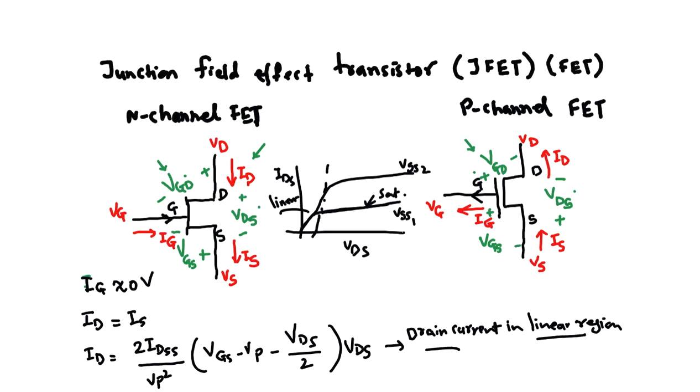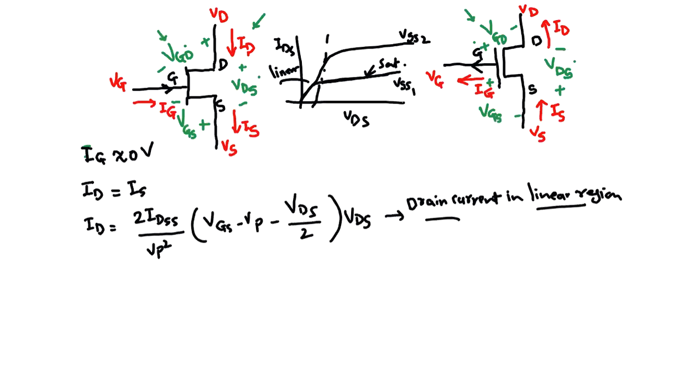Now let me write an expression for the drain current in the saturation region. Here we can write ID is equal to IDSS in brackets 1 minus VGS divided by VP, whole square.